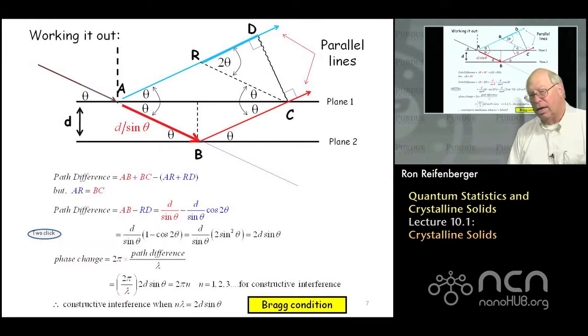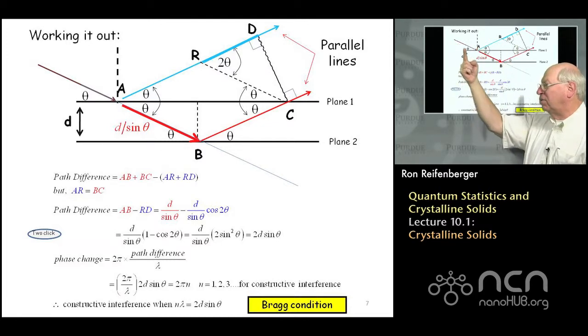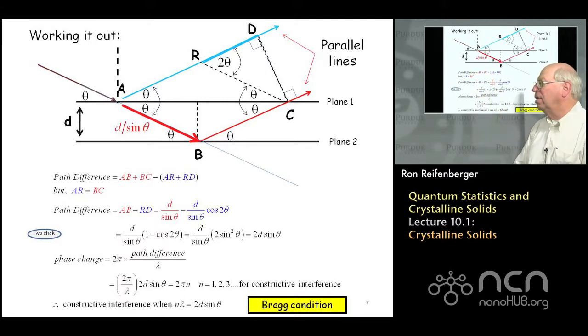So again, this is a diagram that you may remember from the second week of lectures. What I represent in this diagram is just two planes of atoms, indicated by these horizontal solid lines. I've got an X-ray beam that comes in at an angle theta with respect to a line drawn perpendicular to these crystallographic planes.